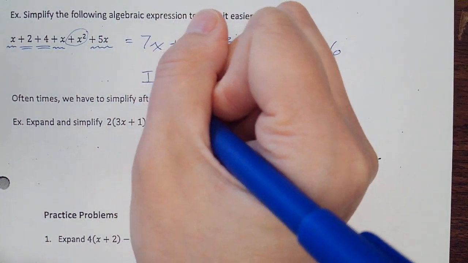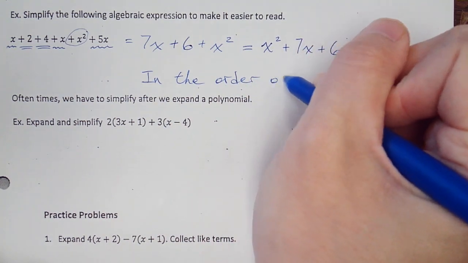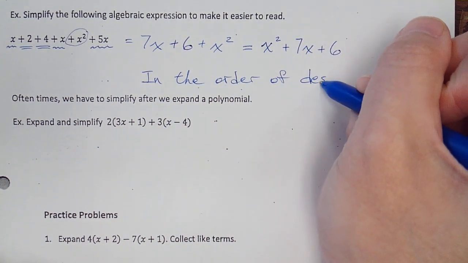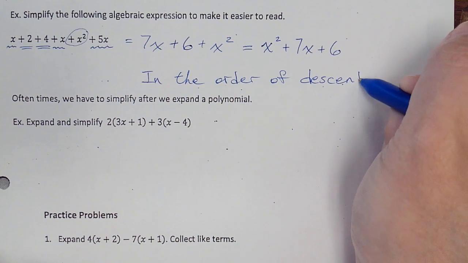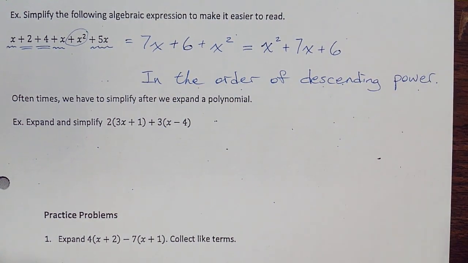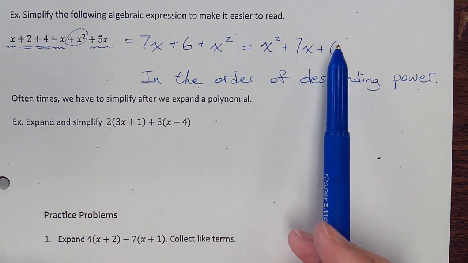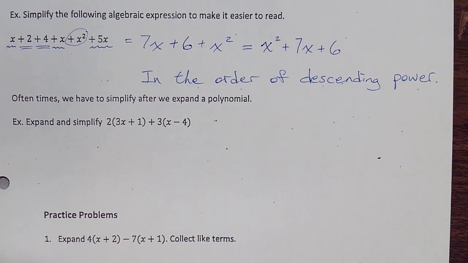So in the order of descending power, descending exponents or power, whatever you want to call it. Right, so the highest exponent first, and then the next, and then the next, and then with no exponent. So your constant last. In other words, you can think of the degree.